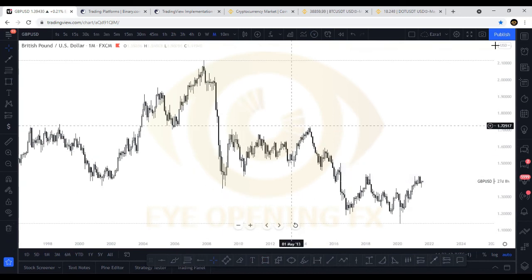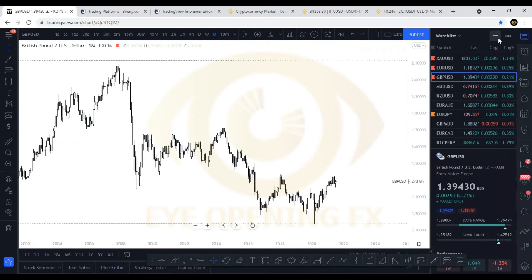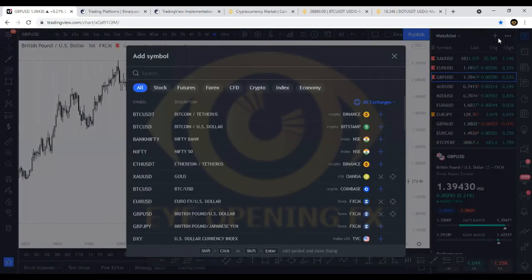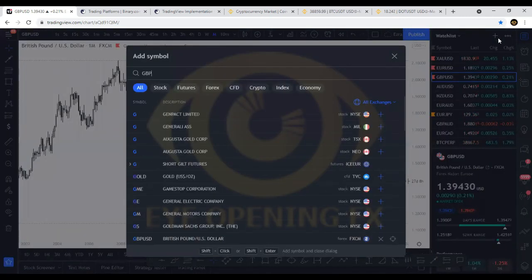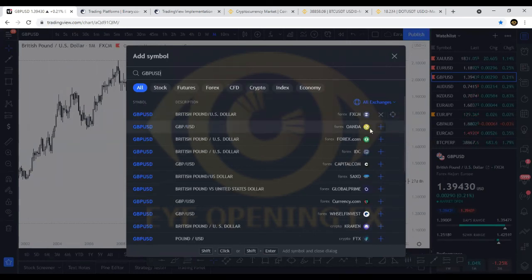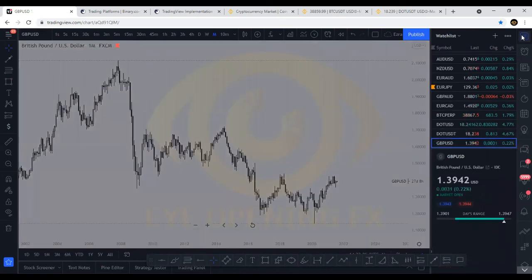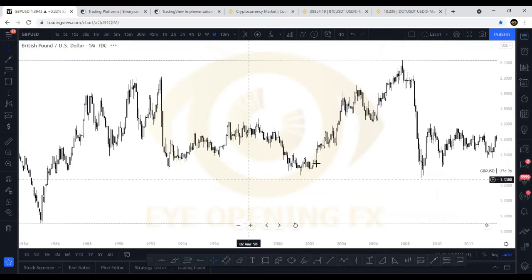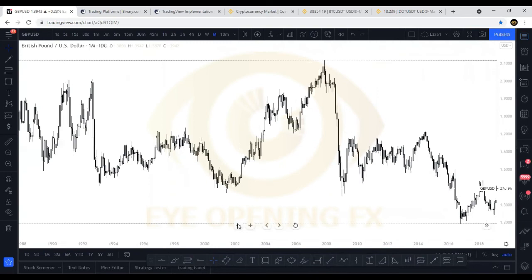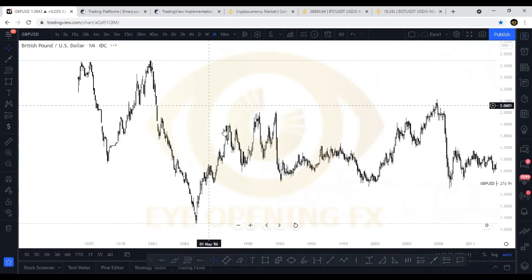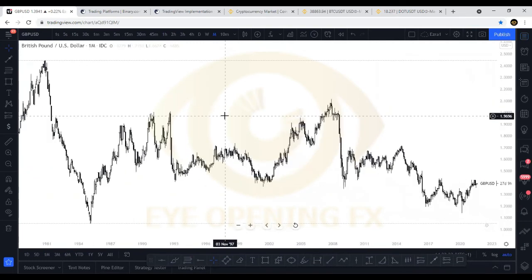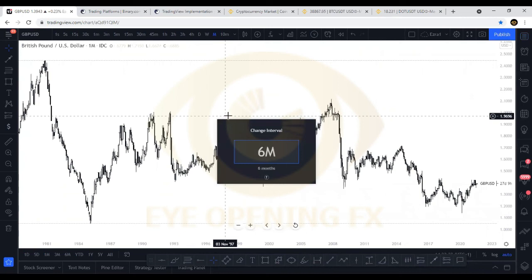Just like I said earlier, let's use another broker on GBPUSD. Okay, let's use the IDC broker. Now on this IDC broker, you understand that we are on a downtrend, even on the 6 minute time frame.